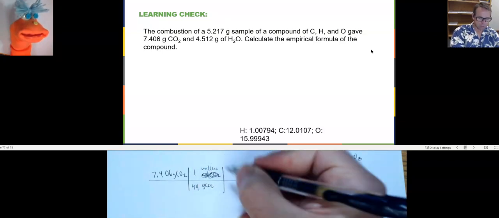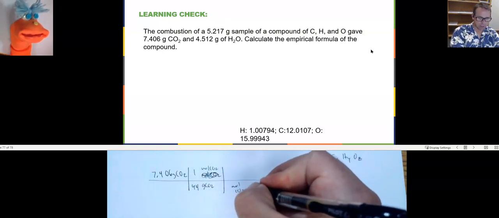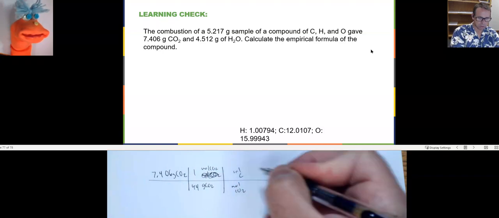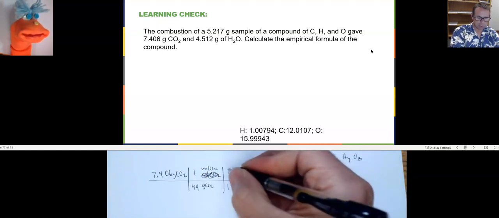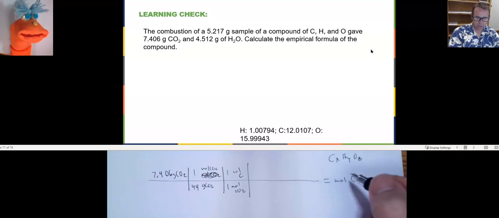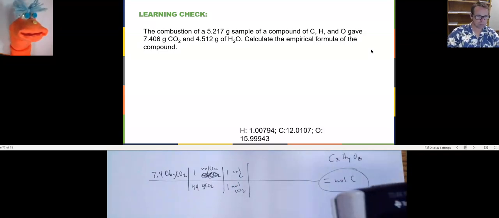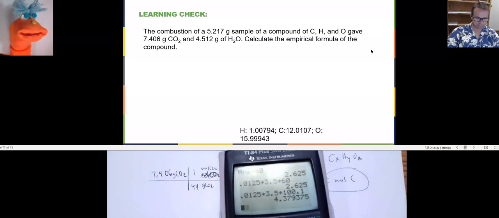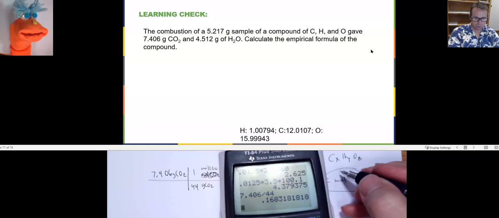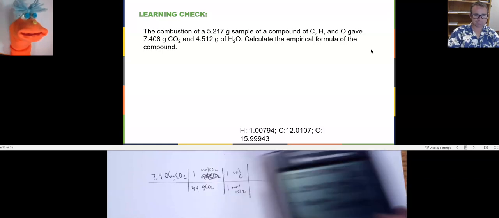There's 44 grams per mole, and then I can go from moles of carbon dioxide to moles of carbon. So for every mole of carbon dioxide, I get 1 mole of carbon. Okay? So 7.406 divided by 44 identifies the moles of carbon, 0.168.